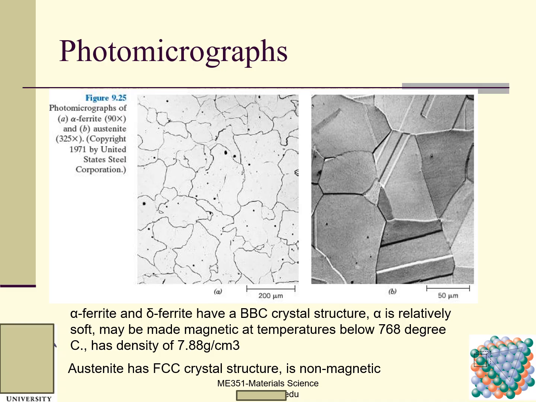You should know that, okay? So this one is BCC, not BBC. I'm sorry, this is my fault. Austenite has an FCC crystal structure. It's non-magnetic, and you should know alpha can be made magnetic. This is a very important application for alpha ferrite.